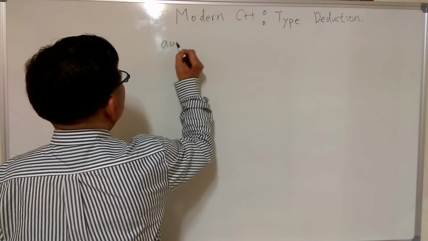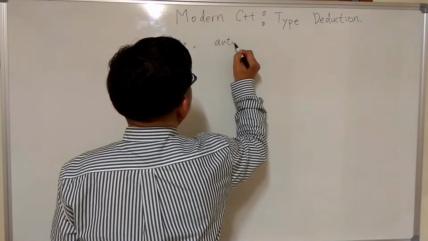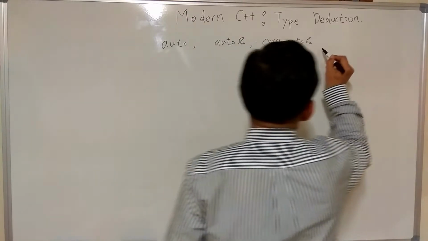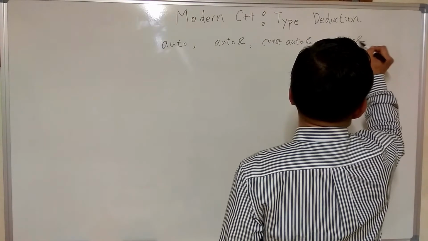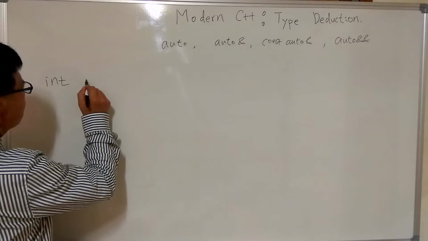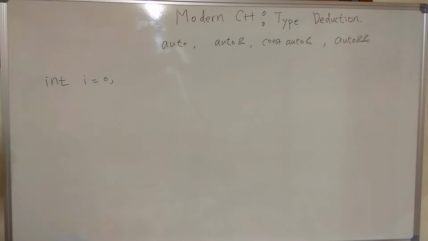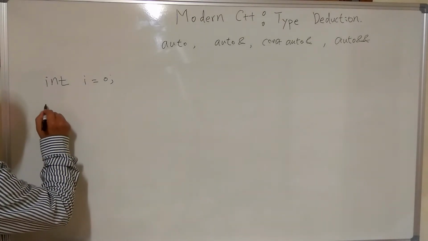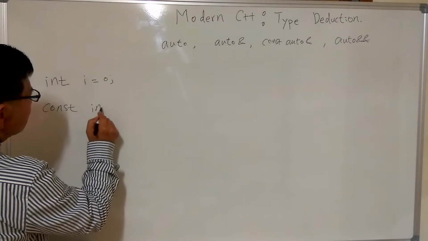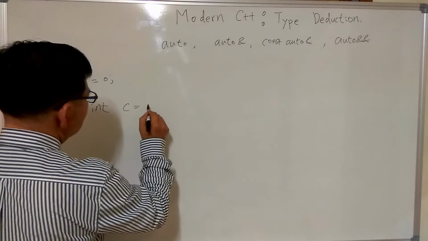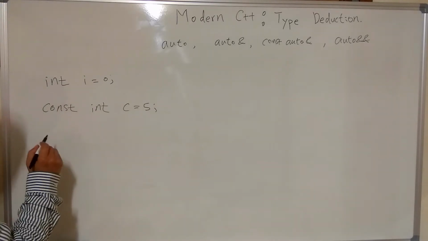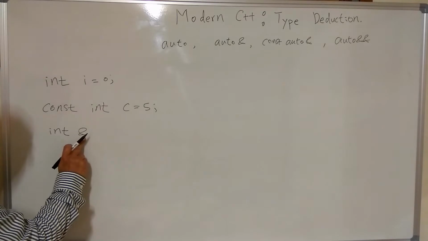Now we talk about auto, const auto&, and auto&. Let me define a few variables. I define an int I, and I will define one other one, a constant int C. And I will define a reference, an L-value reference.